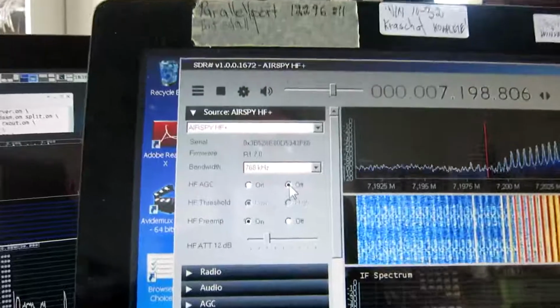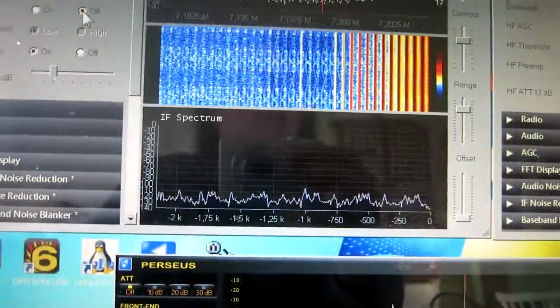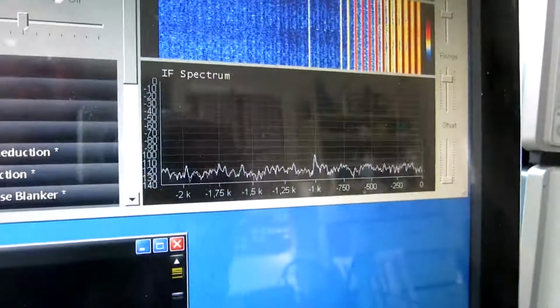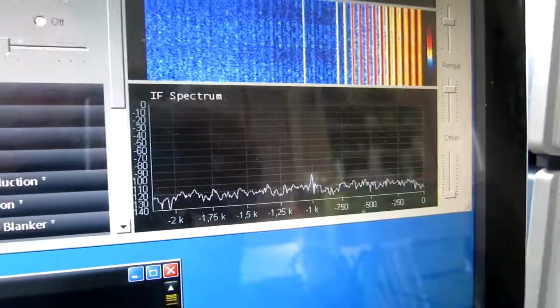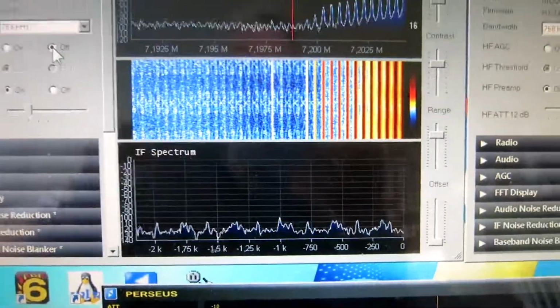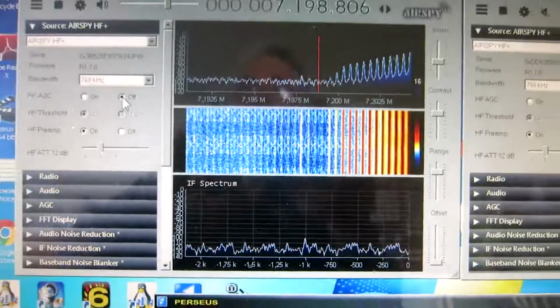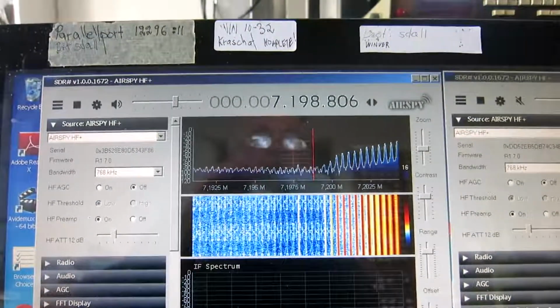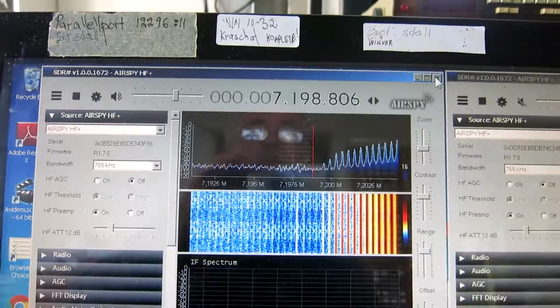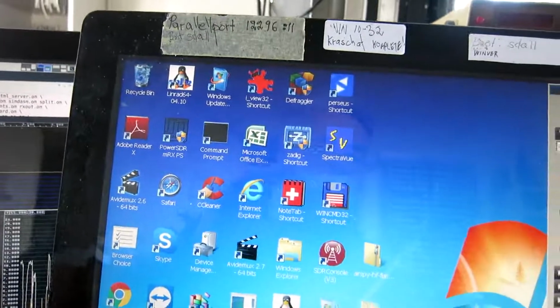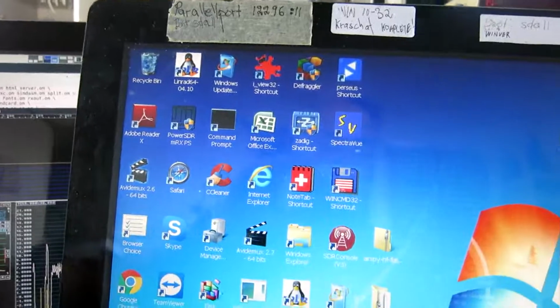Note we have the same parameters here and here, but this one is significantly better than this one, which is significantly better than this one. And I can stop like that and then restart again.